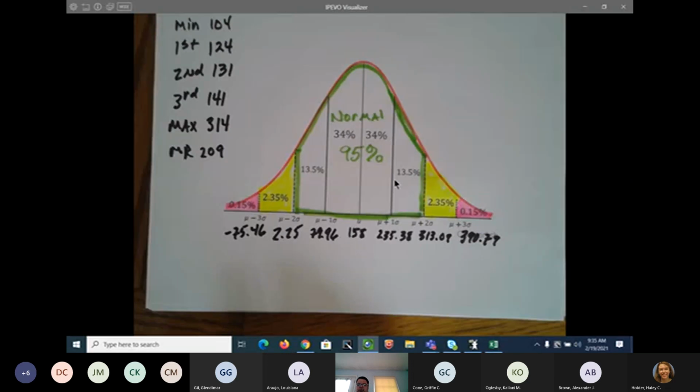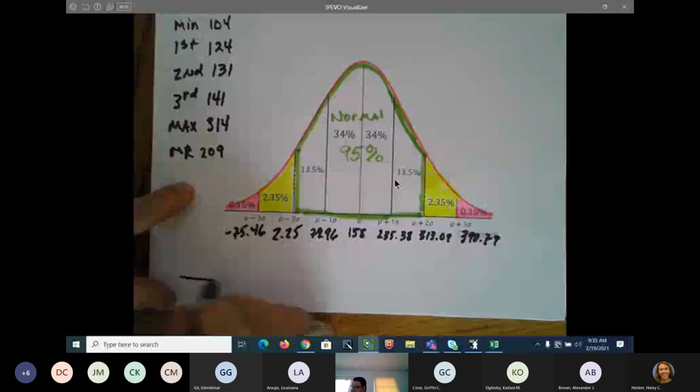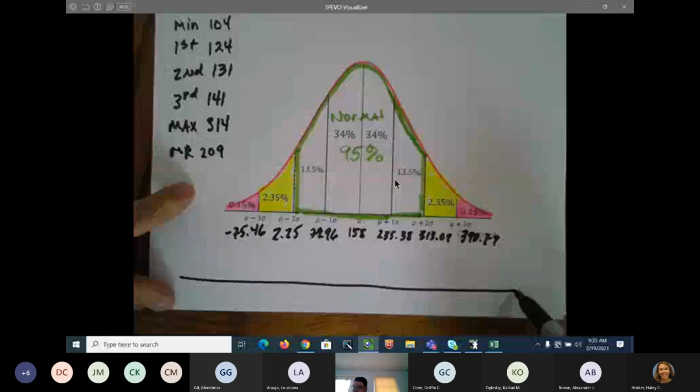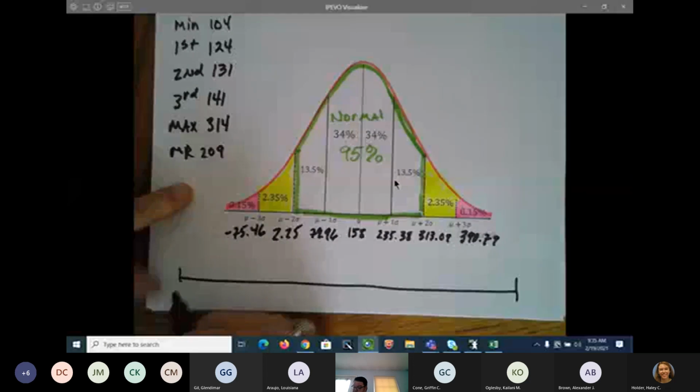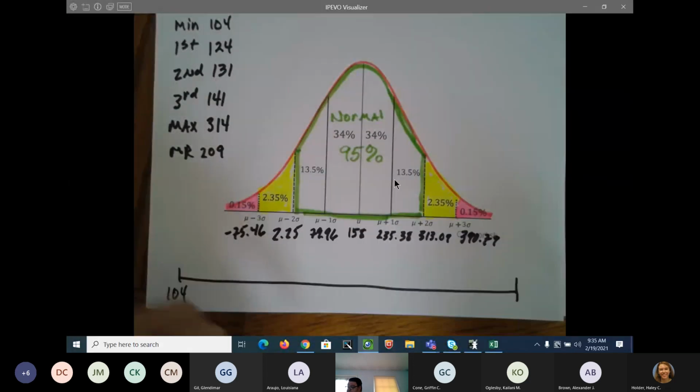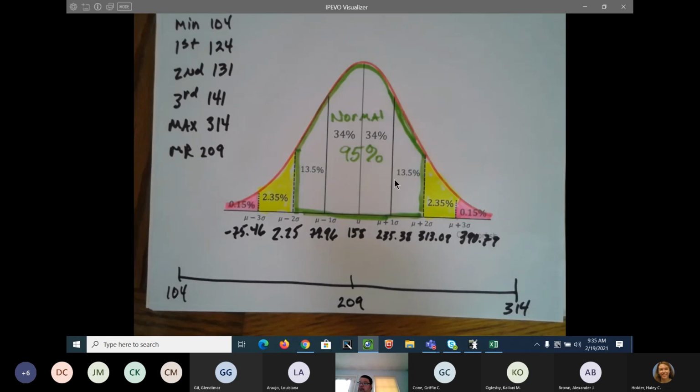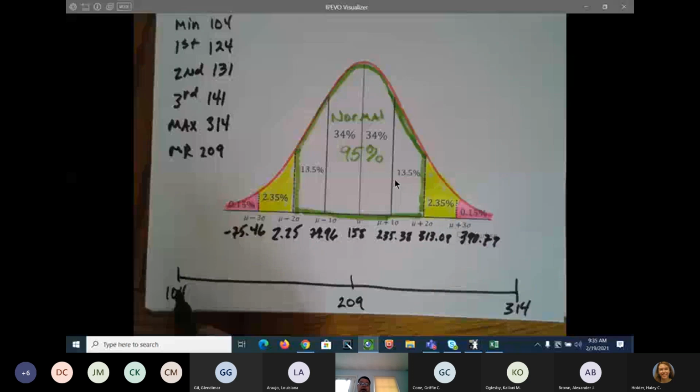All right, now I'm going to do the 5-number summary and box plot. The min goes here. The max goes here. And the mid-range is the middle. Now you just graduate your number line. Graduate the number line and you get, let's see, 104 to 209.